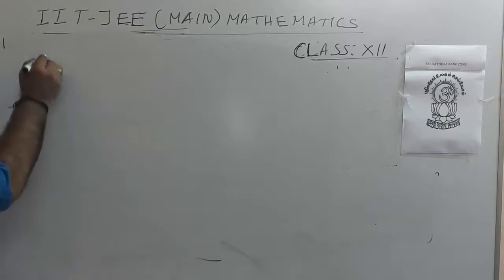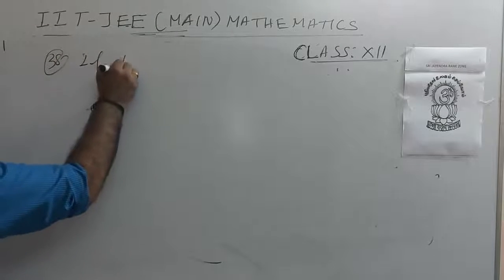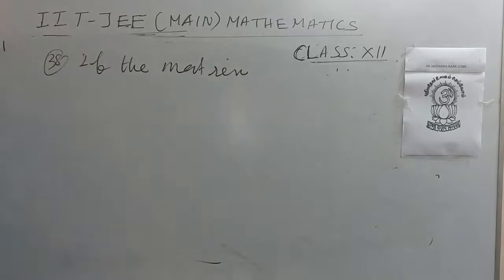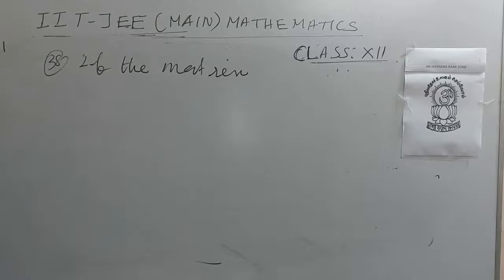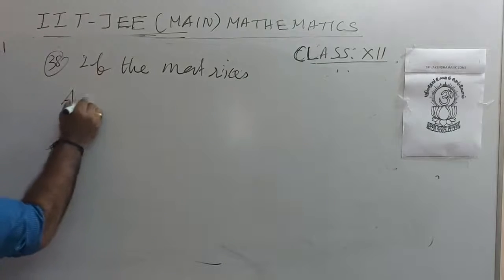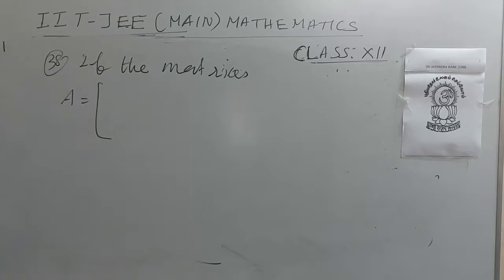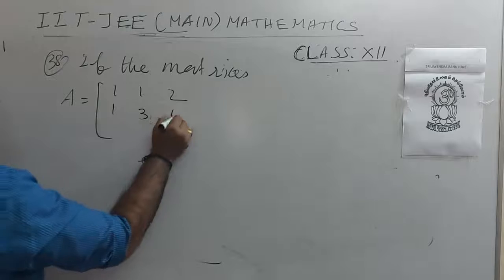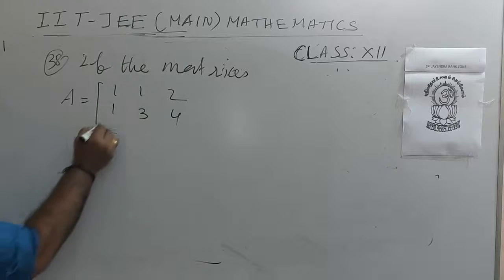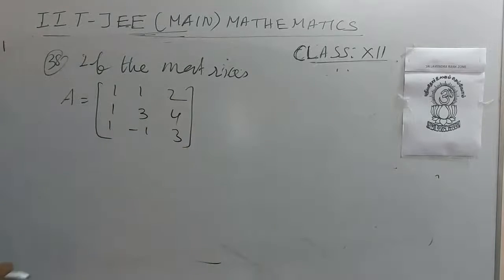So 38. The matrix A equals [1 1 1; 1 3 -1; 2 4 3], with 1, 1, 2 in the first column, 1, 3, 4 in the second column, and in rows: 1, 1, 2 in the first row, 1, 3, 4 in the second row, 1, minus 1, 3 in the third row.